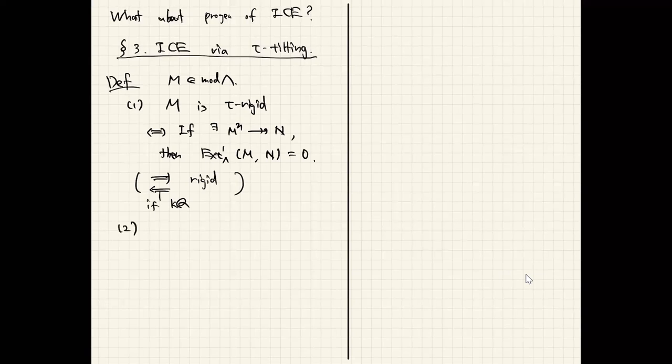And second, M is support tau tilting, and maybe this is not the usual definition, but M is tau rigid, and the number of indecomposable direct summands of M is equal to the number of composition factors.